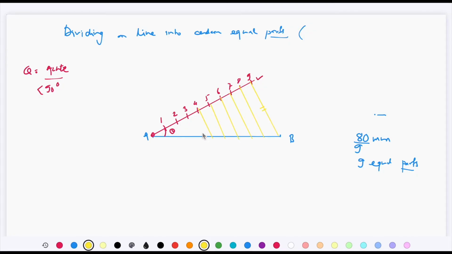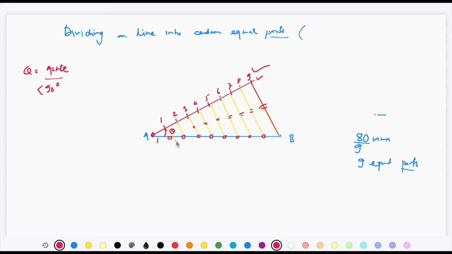All the lines that you are going to draw through the remaining divisions must be parallel to this 9B. All these lines have to be parallel to each other. Now once you do that, you will see your original line AB has got split into certain divisions, and those divisions are going to be your required divisions.